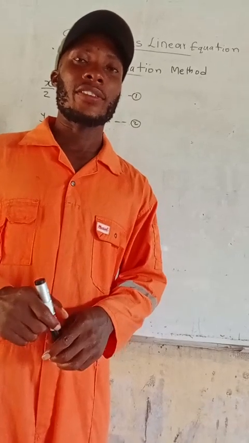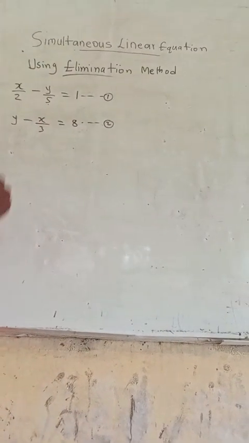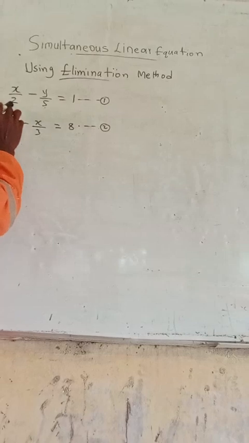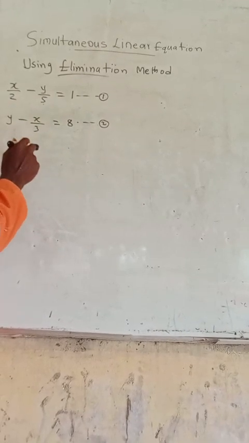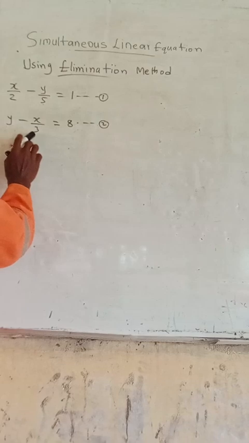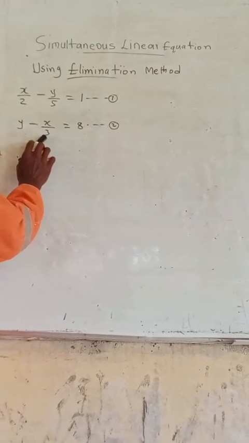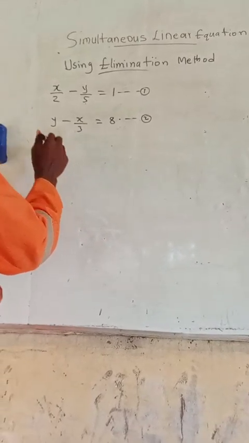So the LCM of 2 and 5 is what you find first. Then for equation 2, you find the LCM of only 3, because 3 is the only denominator here.